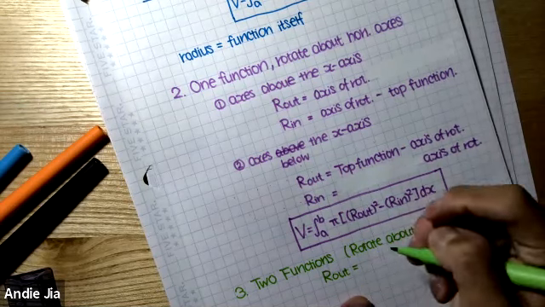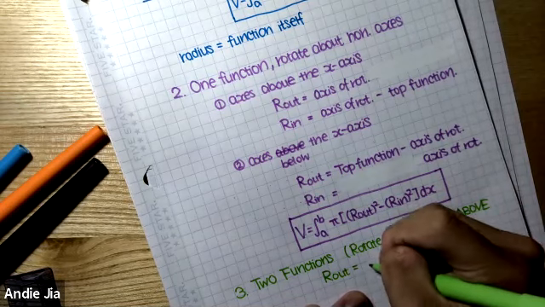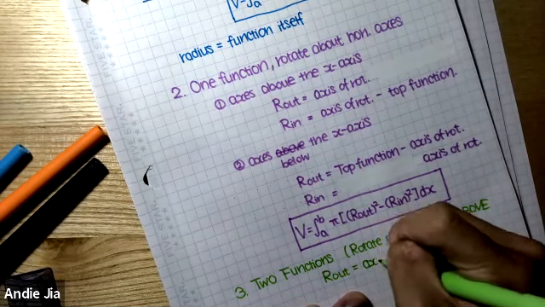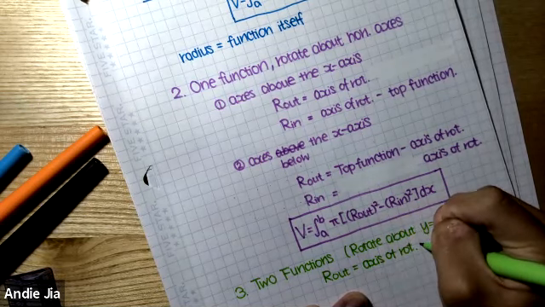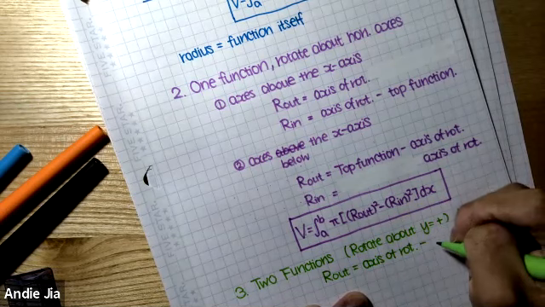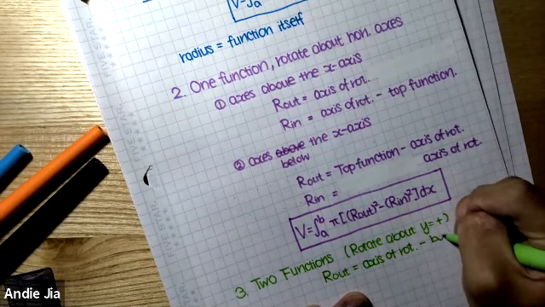Since it's above, the outer radius should be the axis of rotation minus the bottom function.